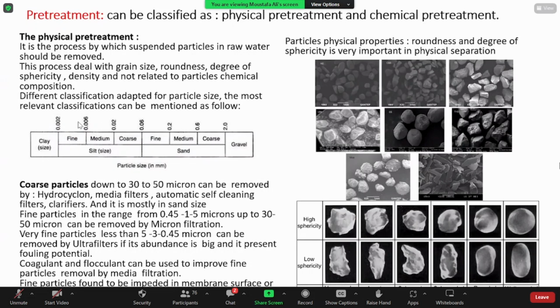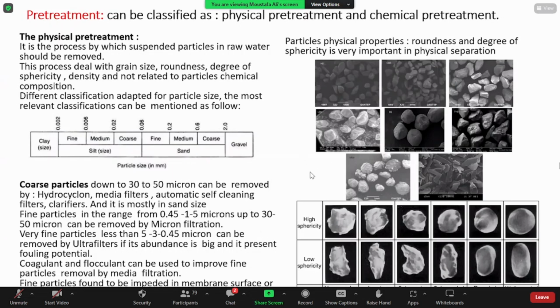If it is an open system, we have a very wide range of particle size to be removed, between 5 nanometer, 10 nanometer, up to 1 millimeter. In a pressurized system, we have a very limited range, between 5 to 10 nanometer up to 150, 300, as we saw in the figure yesterday explaining the system operation. But actually, it should be in the range of 150 to 200 micron. This is for most of the manufacturers.